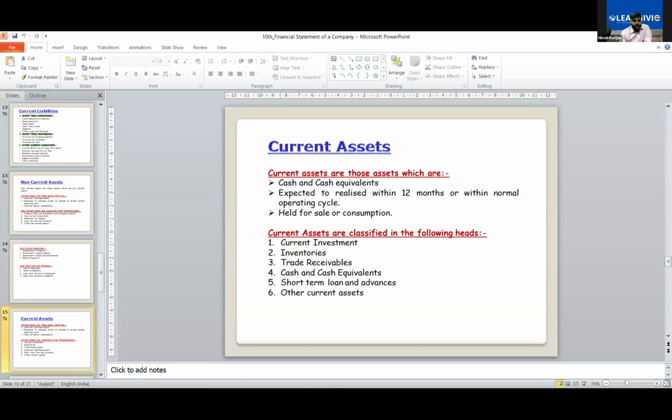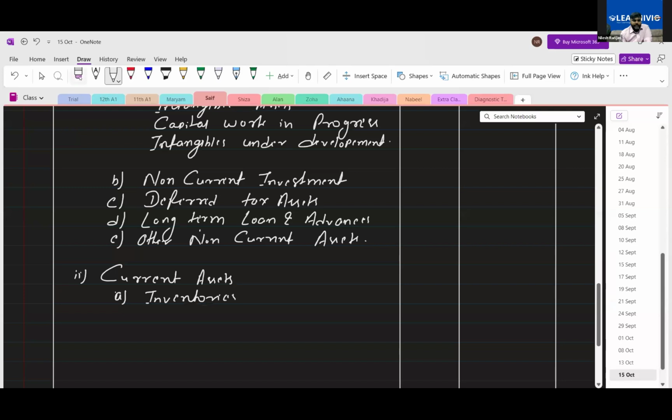Sorry, the sequence is incorrect. First is current investment, then inventories. Okay, let me explain all these, then I will write.